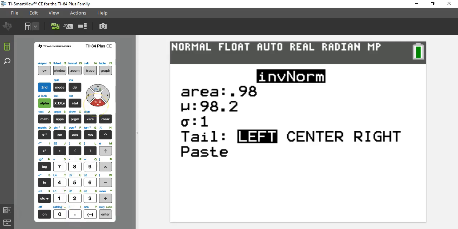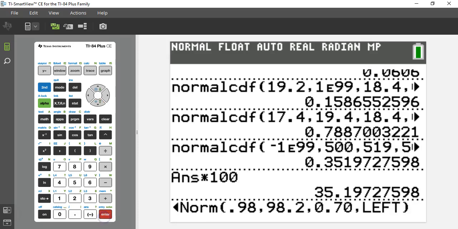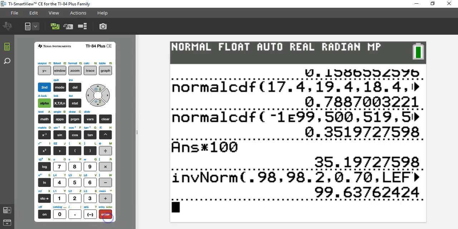What was our standard deviation? 0.70. And we keep it on the left. We paste it all in and hit enter, and there you can see the same answer we came up with, 99.637 and so on.